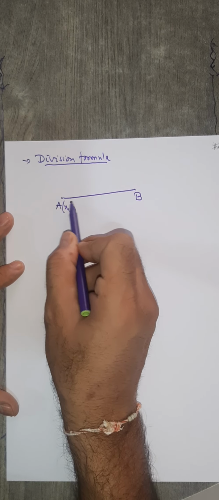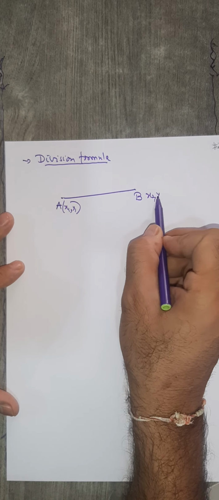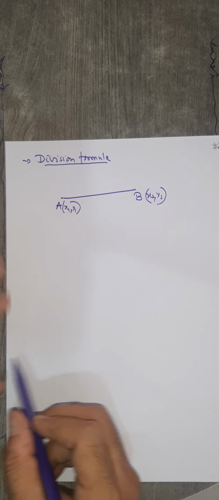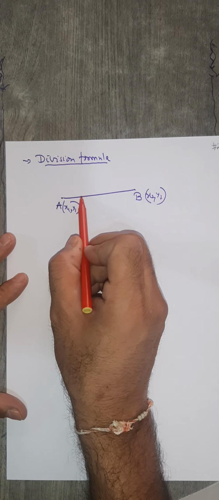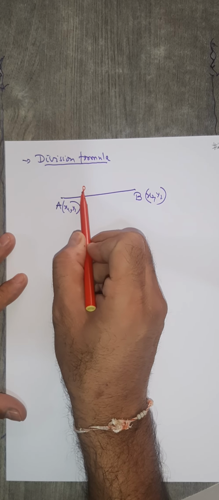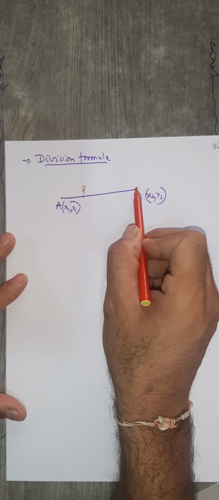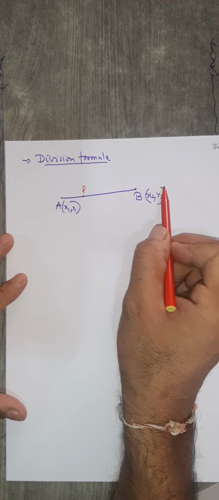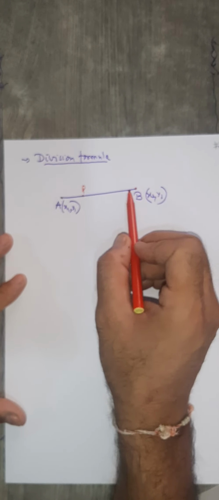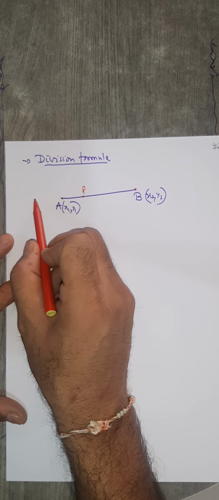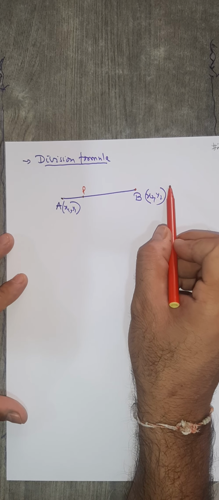Coordinates be x1 y1, here x2 y2. You have a point, maybe inside or outside the line. Say suppose there is a point P, right? It can be anywhere here or it may be outside also. It can be anywhere on the line AB. In fact, point P may be here, but it is on this line.